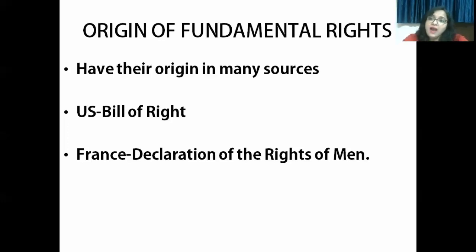They got ideas from different nations of the world, and this idea of fundamental rights they adopted from the Bill of Rights of the US. But our fundamental rights are deeper than the US Bill of Rights, because our fundamental rights are explained in detail in the Constitution. So now let's come to the next slide.